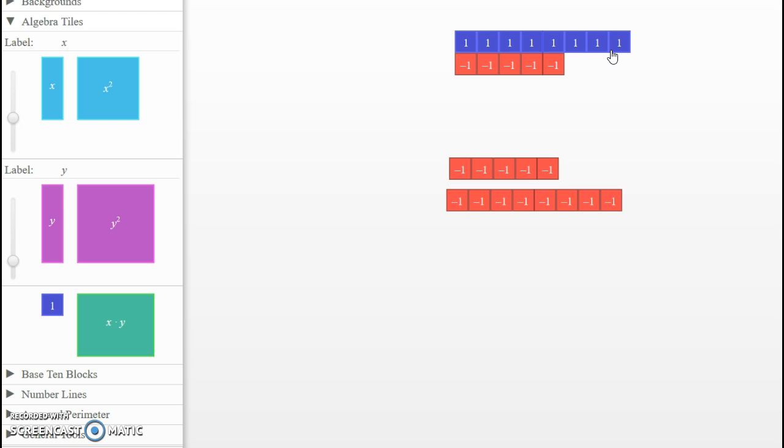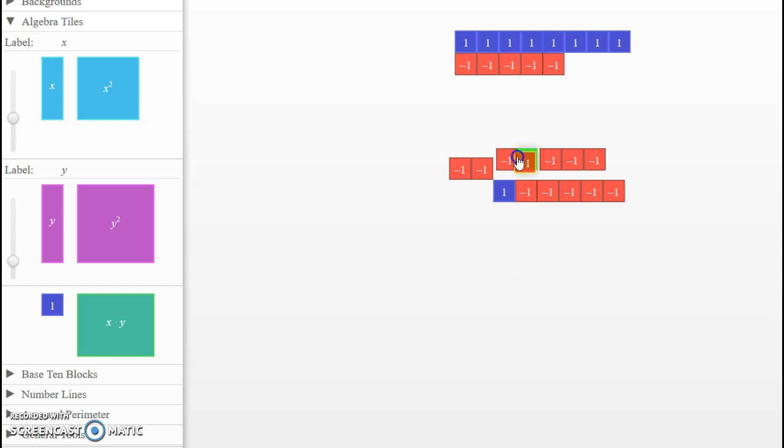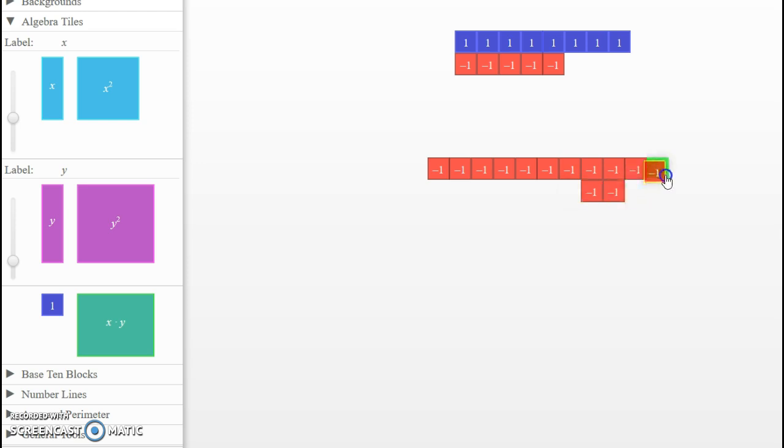The third one down is -5 plus -8. So we have -5 plus -8: 1, 2, 3, 4, 5, and then 1, 2, 3, 4, 5, 6, 7, 8.